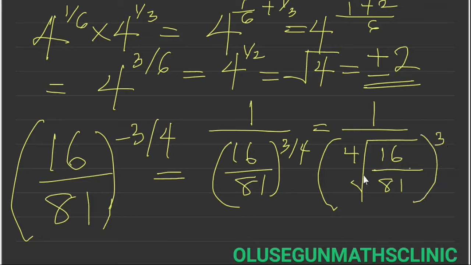So what do you do here? It means that what is the number that you multiply 4 times that will give you 16, and the number that you multiply 4 times that will give you 81. So 4 times is 2 times 2 times 2 times 2. 2 in 4 places will give you 16, and 3 in 4 places will give you 81. So let's continue.